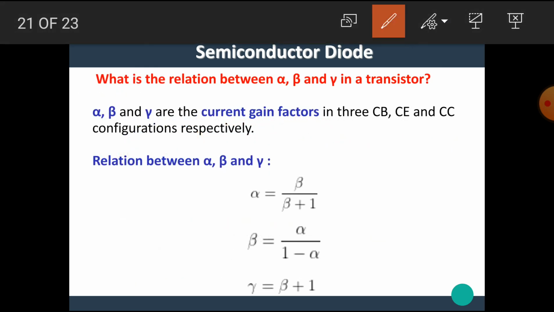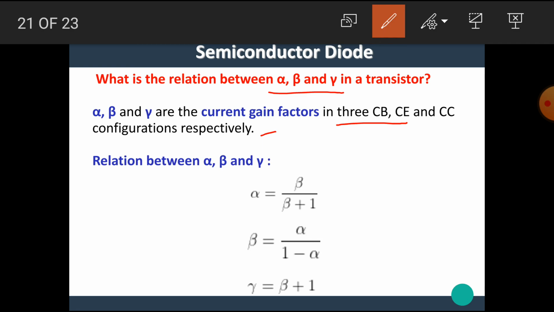What is the relation between alpha, beta and gamma in a transistor? Alpha, beta and gamma are the current gain factors in CB, CE and CC configurations respectively.